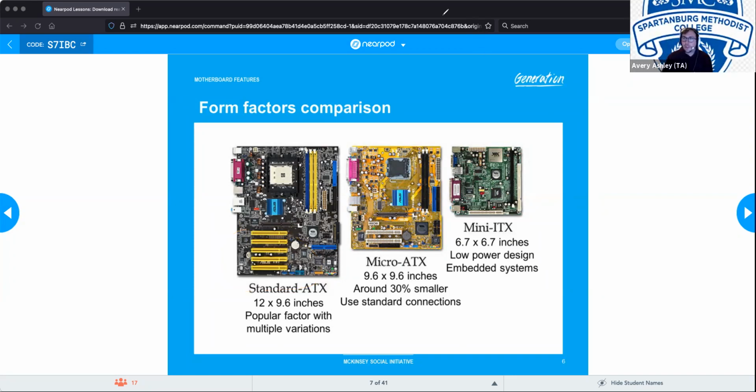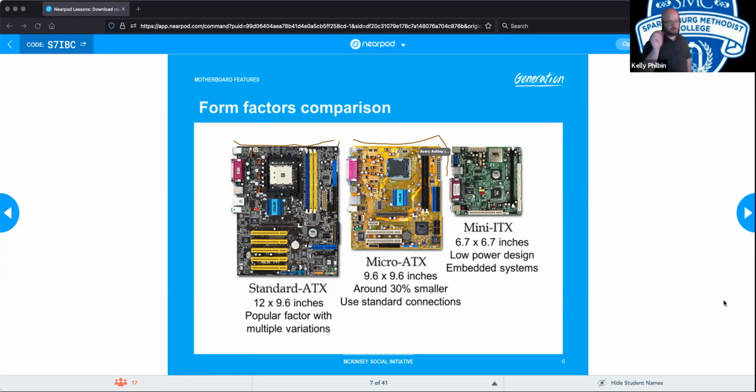And I would just like to add, going back to what Kelly said about how the micro ATX will fit into a regular, standard ATX tower: if you put this micro ATX on top of the standard ATX, all of these little holes are going to line up. The screw hole patterns that you would bolt it down with.